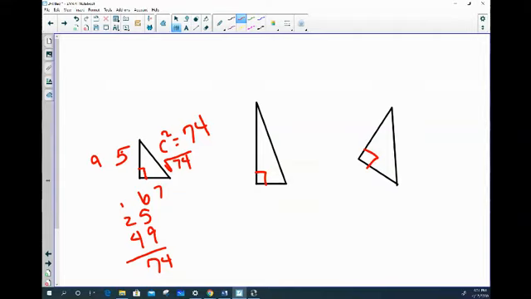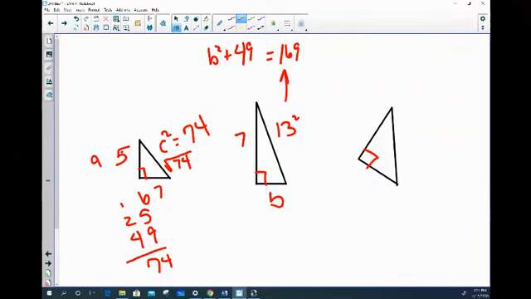Okay, let's look at another one. Let's say that we know this happens to be 13. The length of C happens to be 13. Let's say the length of A is 7. And I don't know the length of B. So I have 169, because 13 squared is 169, equals B squared plus 7 squared, which is 49.